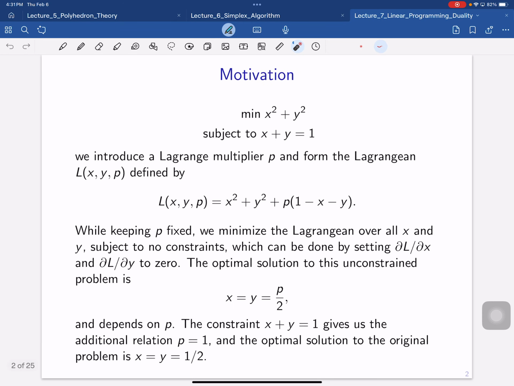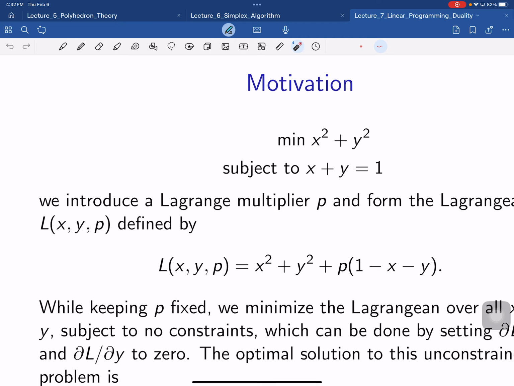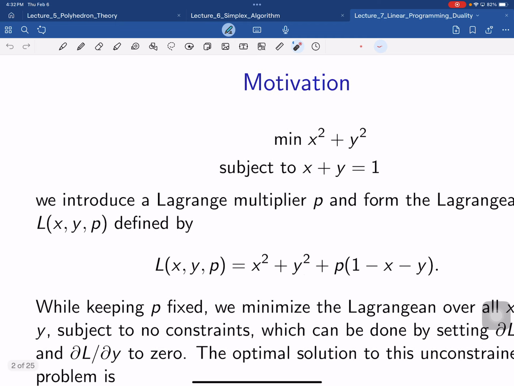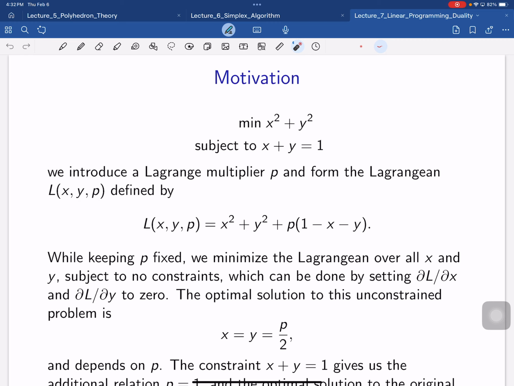If you have taken a calculus class before, probably you have heard about this concept called Lagrangian. Let's take this very simple optimization problem, the kind in a linear programming textbook, where you only have two variables. This is a general concept, not just applied to linear programming.